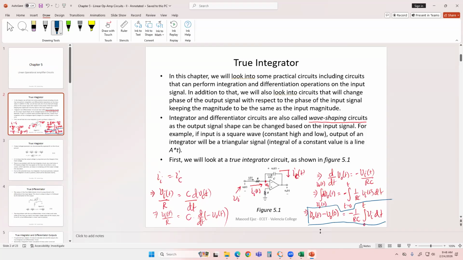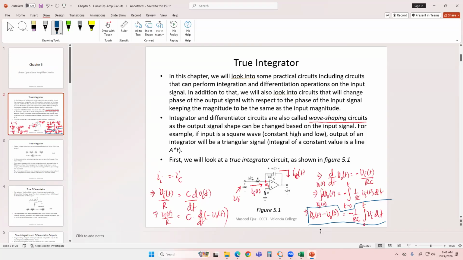This negative sign represents what? The phase difference. If you have a square wave like this, then when the input is high, the slope is going to be negative because of that negative sign.